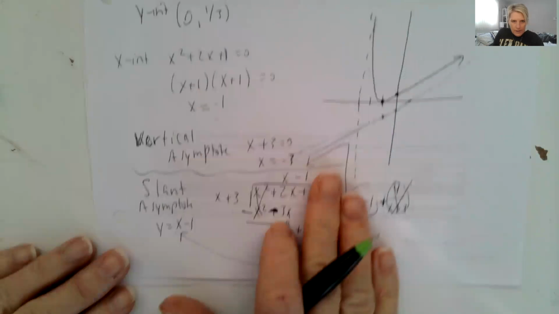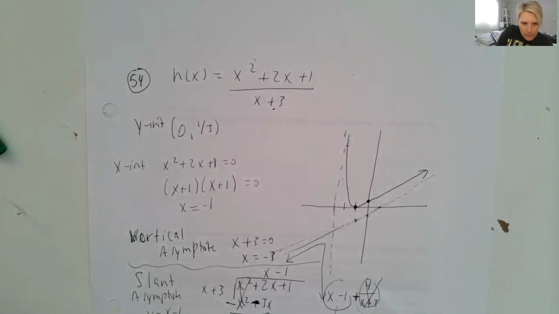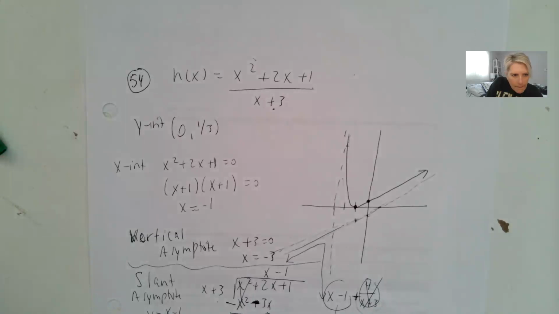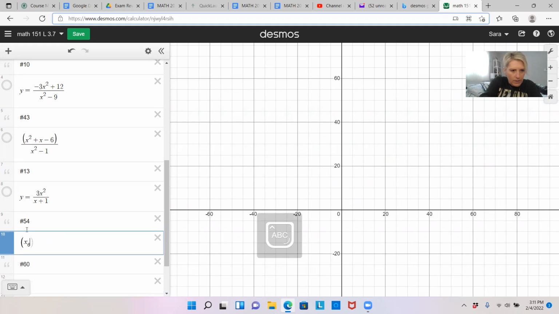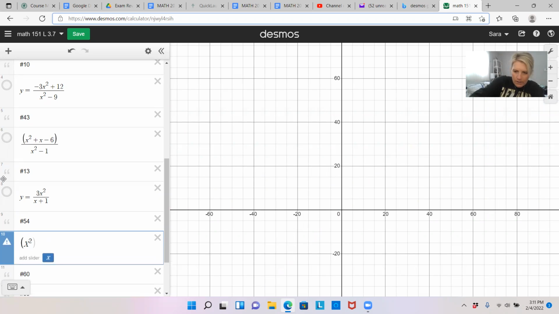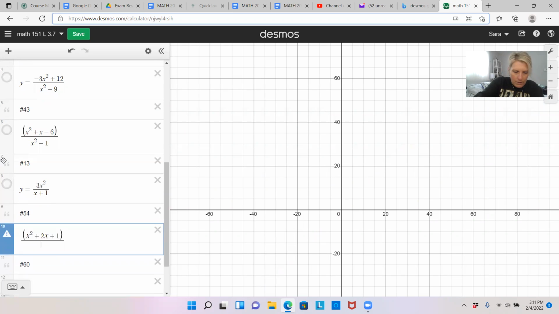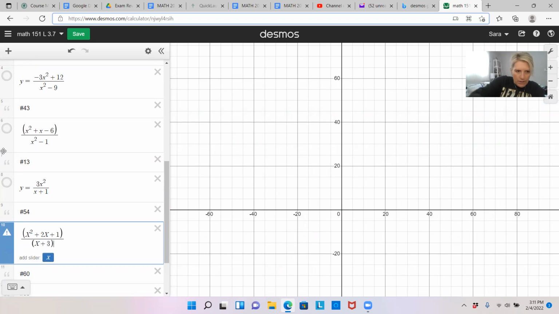Okay, so let's go put our function in. Let's see, number 54. Parentheses again, because this is a big one. x squared plus 2x plus 1.